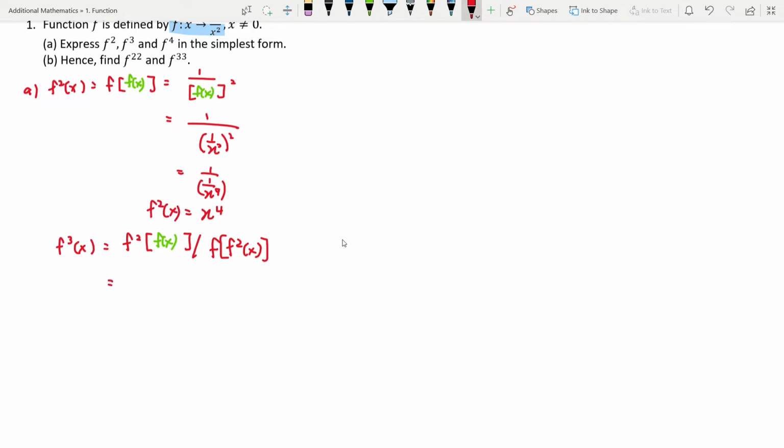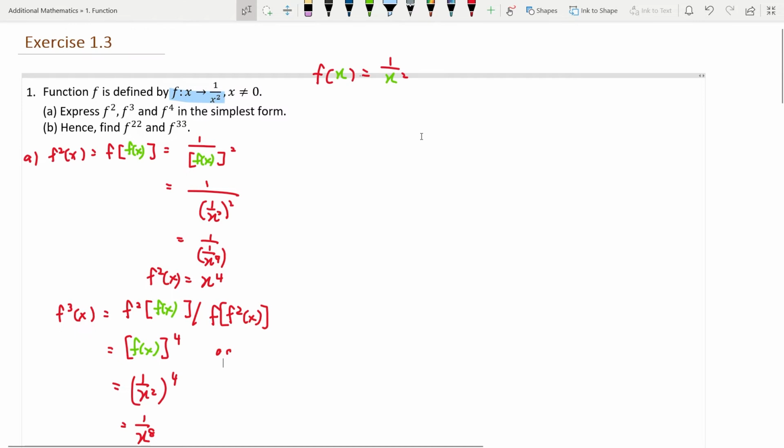We get f(x) to the power 4. What is our f(x)? 1 over x squared to the power 4, which is 1 over x to the power 8. So if we do f of f squared, we need our f. What is our f? 1 over x squared.